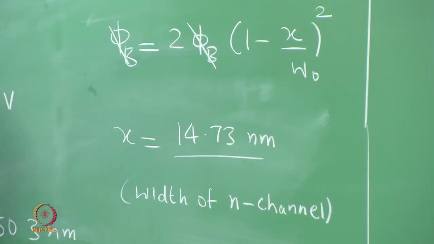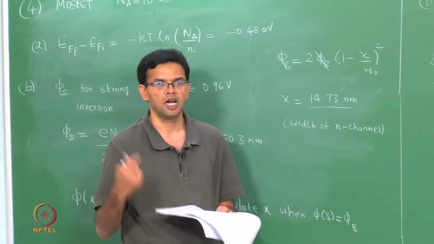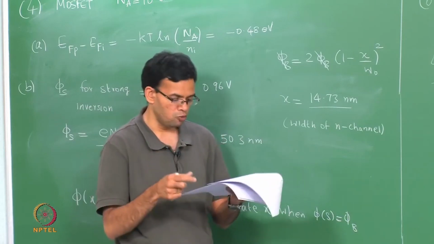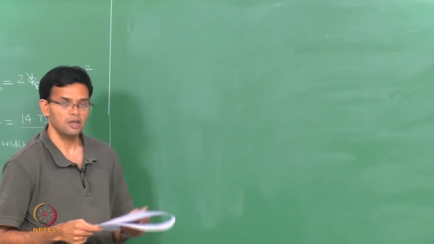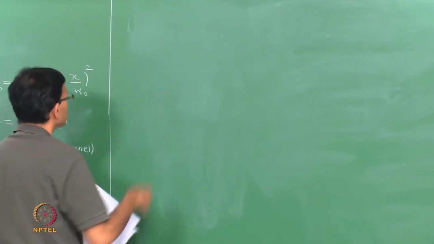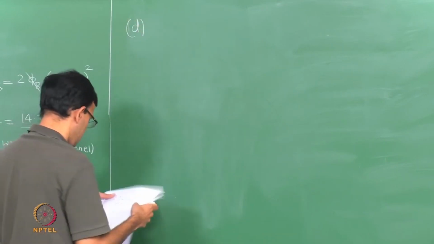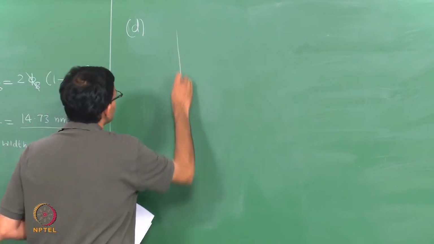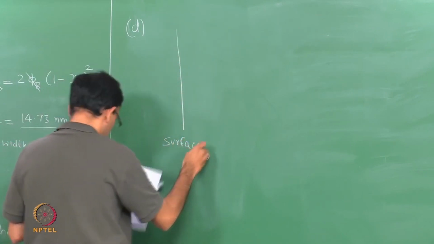In the last part, we need to plot the energy bands as a function of distance starting from the bulk and then moving on to the surface. Let me just draw the section corresponding to part D. This is the surface.